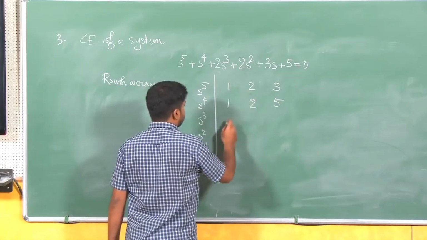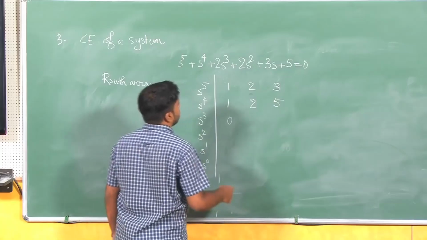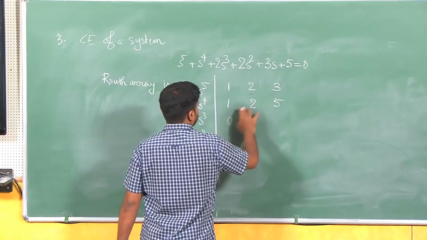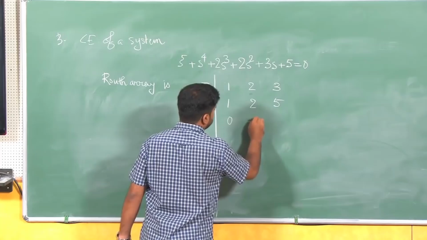So 2 minus 2, this will be 0, and 3 minus 5, this will be minus 2.